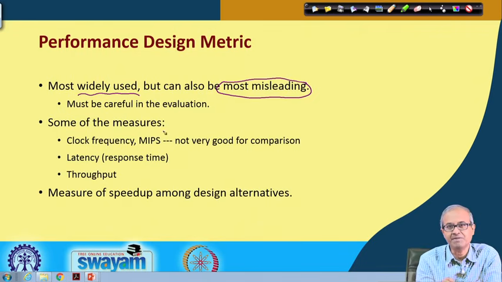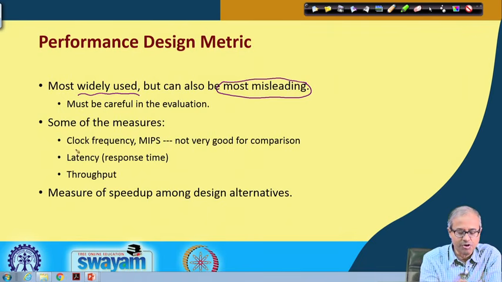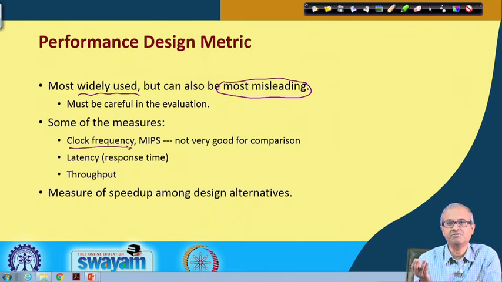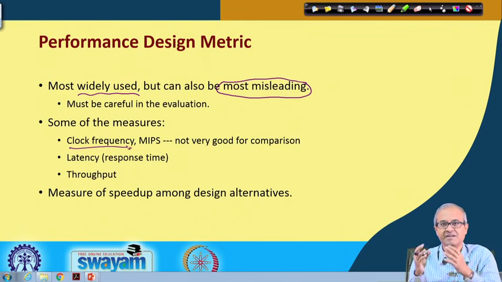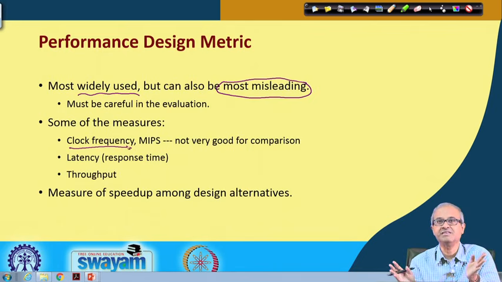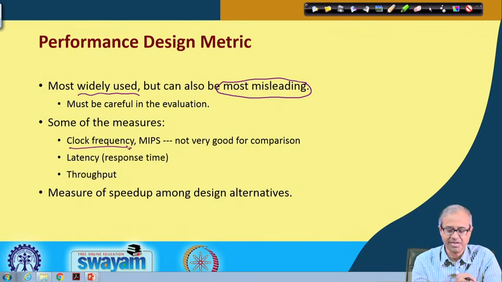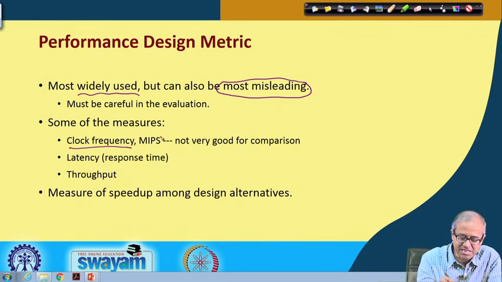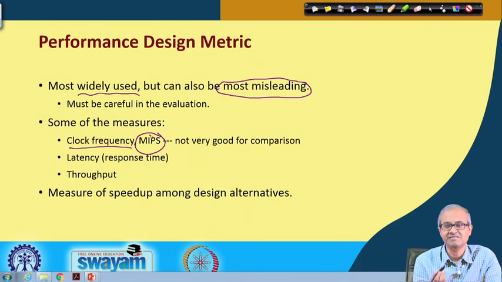Some of the typical measures which are used, again these are not good measures. Clock frequency. Well, you see someone is saying 1 gigahertz, 2 gigahertz, 3 gigahertz. Does a faster clock frequency mean a faster computer? Not necessarily. There are many other things which determine the actual performance of a computer system. Okay? There are some measures like million instructions per second, MIPS.